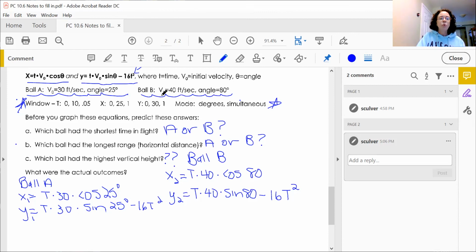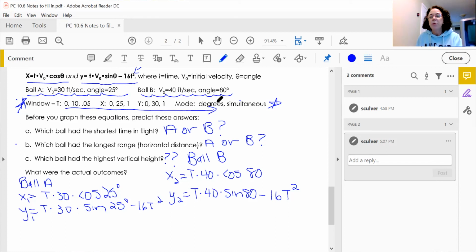X max, 25. And my scale is 1. I'm now down to Y minimum. So I'm going down the list on my calculator on the window and I'm reading across my sheet right here. So my Y minimum is 0. My Y max is 30 and my scale is 1.